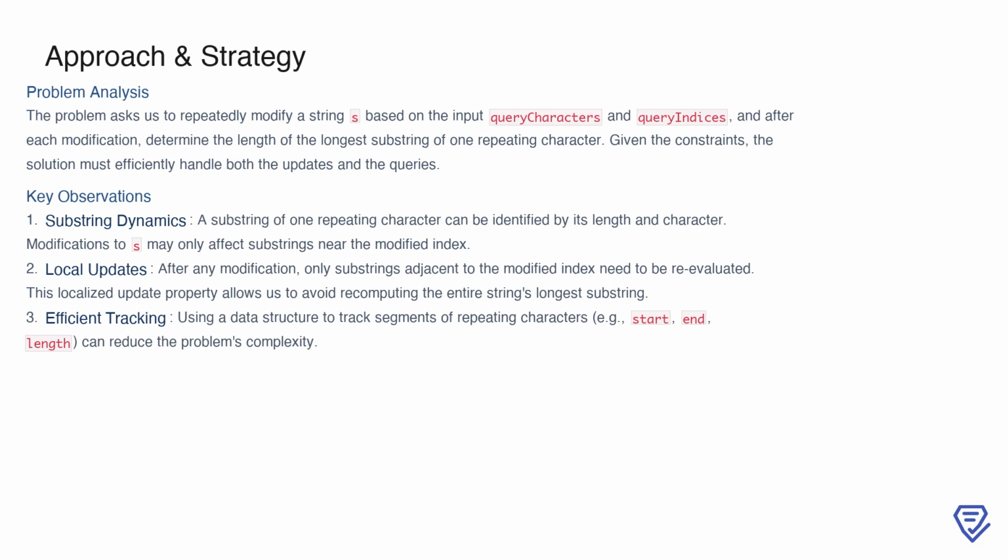This means we don't need to recompute the longest repeating substring for the entire string. Instead, we can localize updates to the affected regions. To do this effectively, we can use a data structure that tracks segments of repeating characters, such as their start and end indices and their lengths. This allows us to focus only on the parts of the string that change, significantly reducing computational overhead.